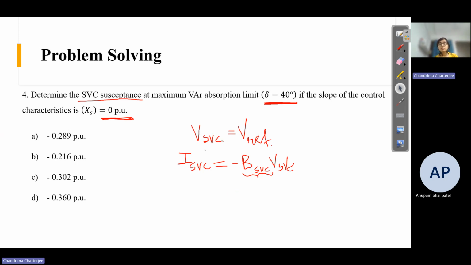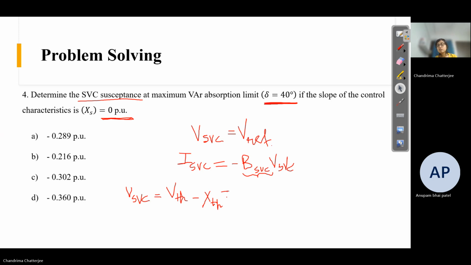Okay. So we will go step by step. So earlier, if you remember, we wrote one relation. What was the relation? When we were discussing the Thevenin equivalent circuit, we wrote VSVC is equal to V Thevenin minus XTH ISVC, right? By applying KVL in the Thevenin loop.